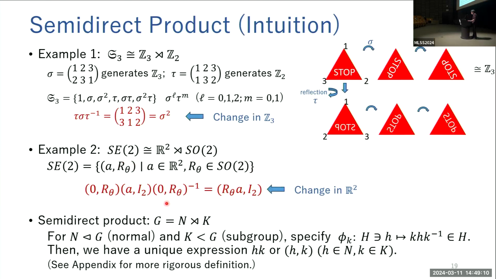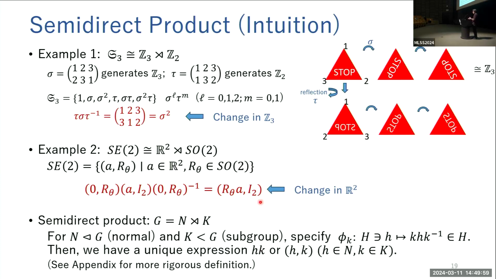In that sense, if we apply this conjugation operation by the rotation matrix R theta, then the translation A becomes a different element within the translations, and that is actually R theta A. If you apply the rotation by angle minus theta, and apply the translation A, and apply the rotation back by the angle theta, it makes the translation R theta A.